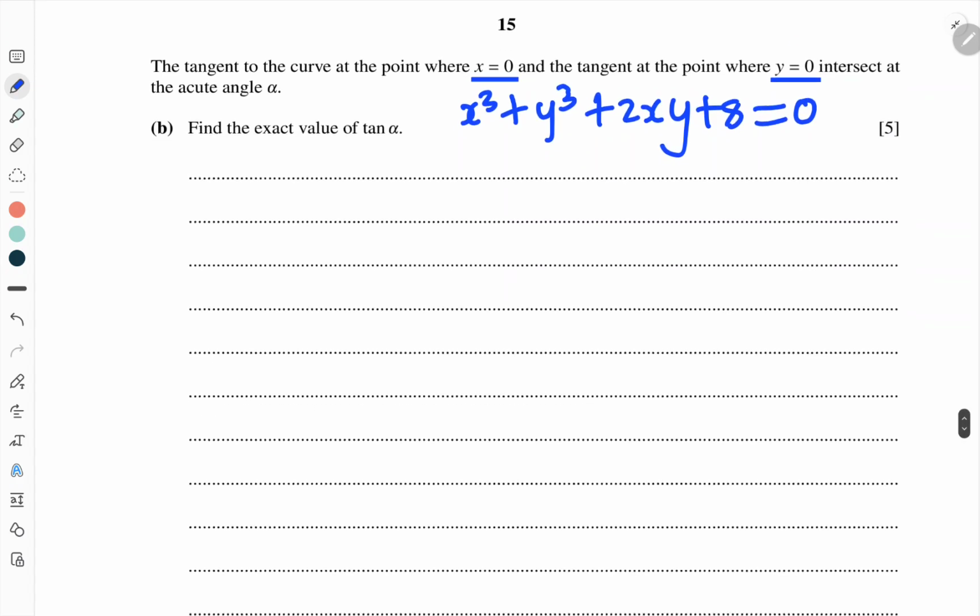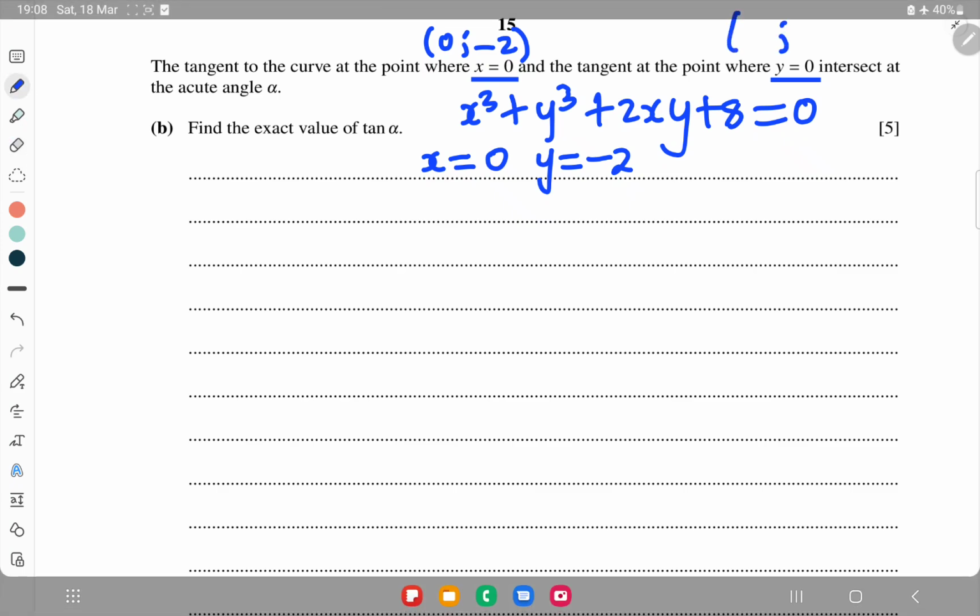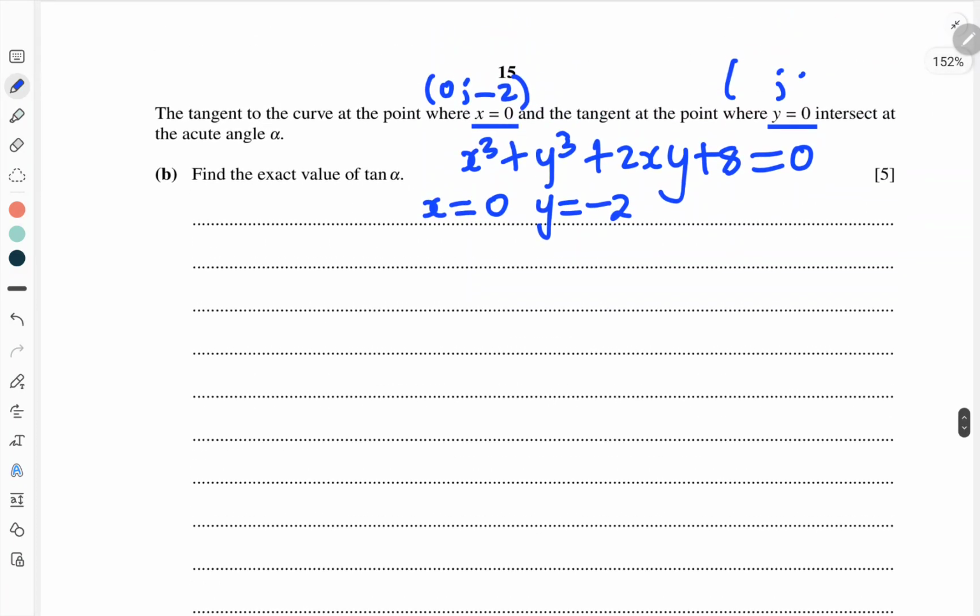All right, so from here, what's going to happen? We substitute when x is equal to 0. We solve, we get y is negative 2. So we now have our first set of coordinates, x is 0, y is negative 2. Then we also want a coordinate when y is 0. When y is 0, what is x?